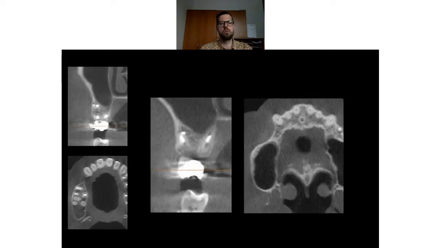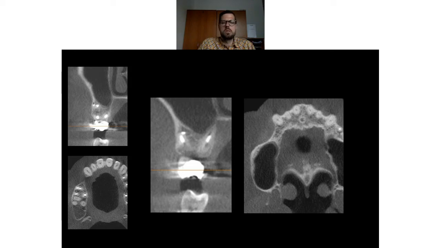So as you see, we have the MB1, MB2 sealed, the distal buccal and the palatal, and we see that also the bone that went to the antrum is now normal.